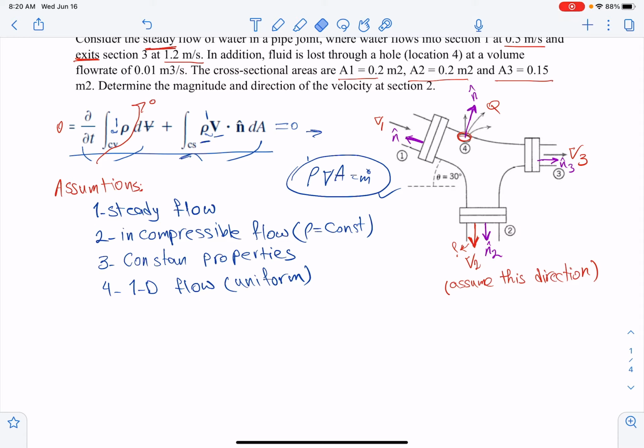If this is my control volume right here, then we have sections 1, 2, 3, 4, and we need to apply the information of these 4 sections on our control volume.